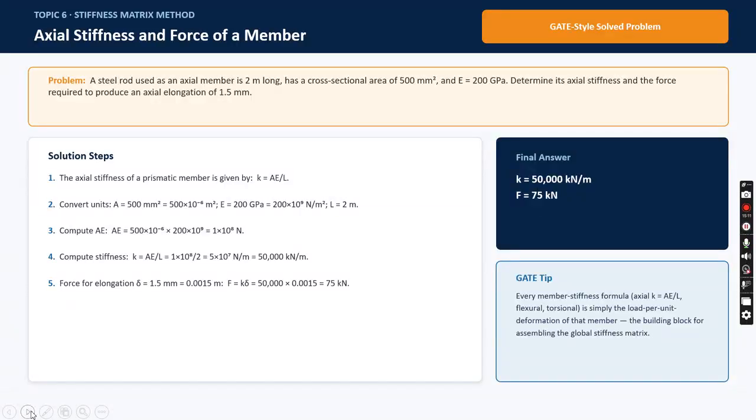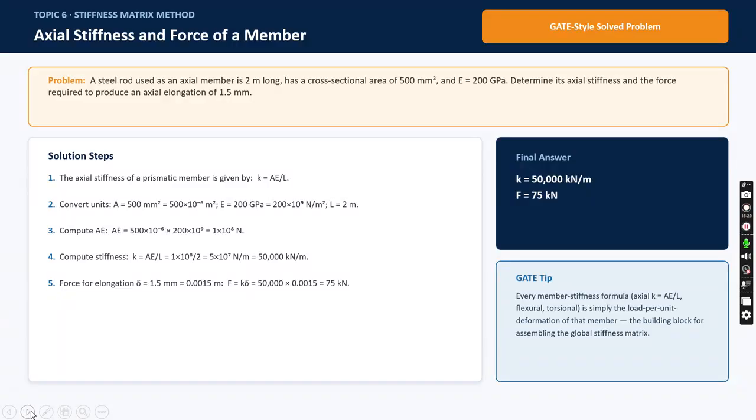See here, the stiffness of a prismatic member is given by K is equal to AE by L. Convert units. A is equal to 500 mm square, you can write this as 500 into 10 to the power of minus 6 meter square.